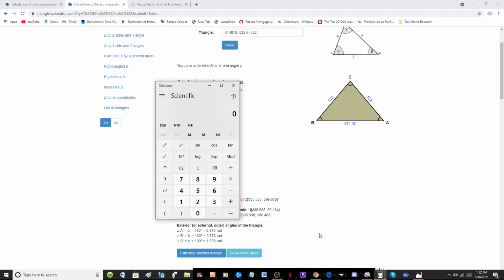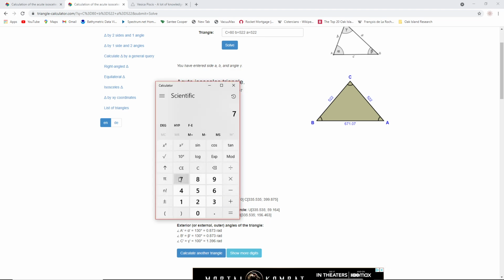So let's bring the calculator up, and we'll put in 720 divided by 671 equals, so we get a ratio of 1.073 to 1.